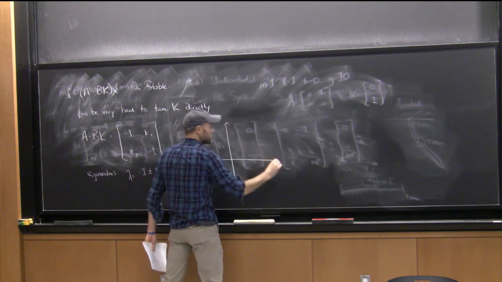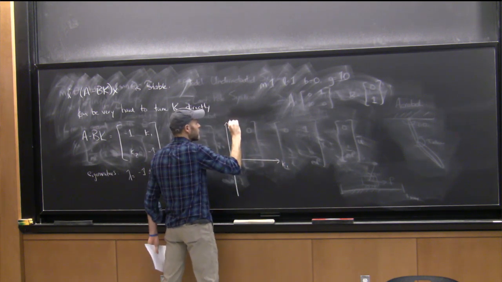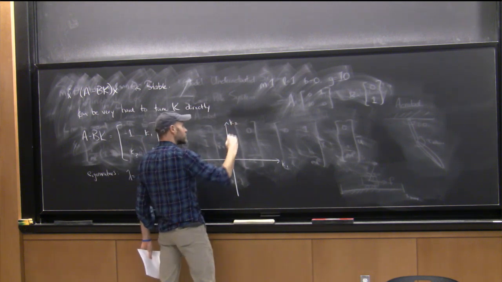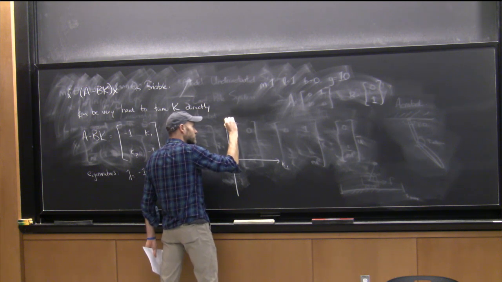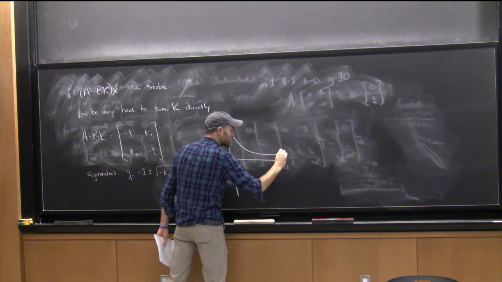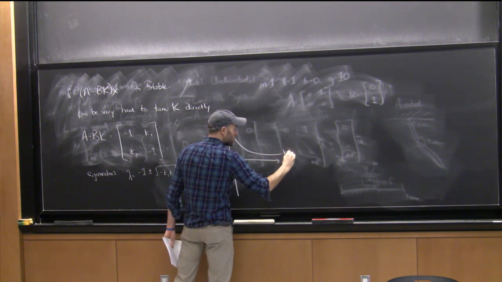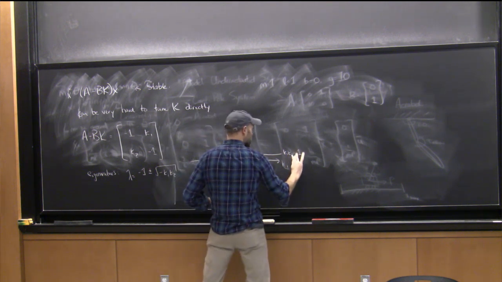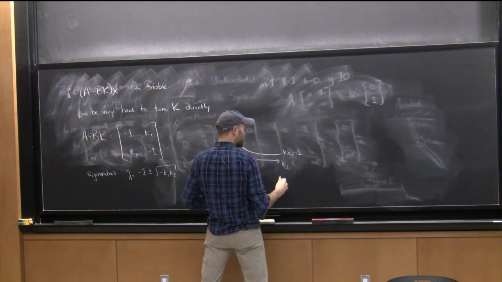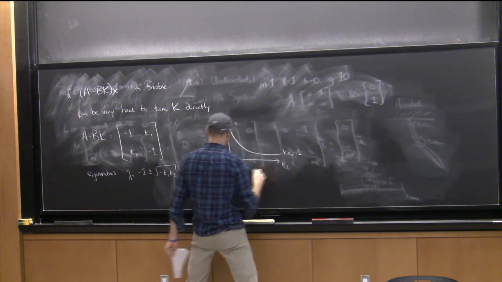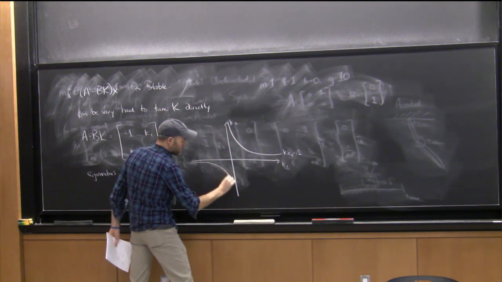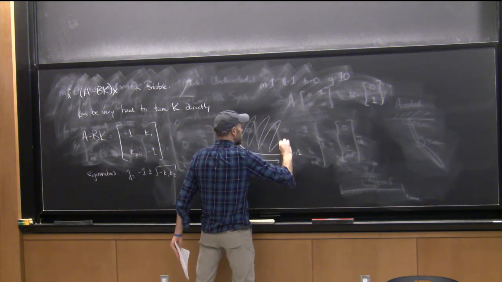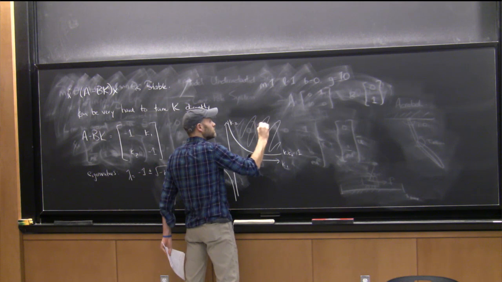as a function of K1 and K2, there's a critical point where lambda equals 0, where there's at least one eigenvalue that equals 0. This is the K1, K2 equals 1, I guess. Yeah. Curve, and here, okay? And actually, over here, you're stable.